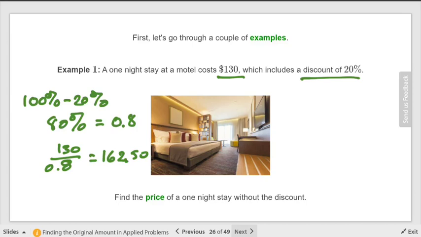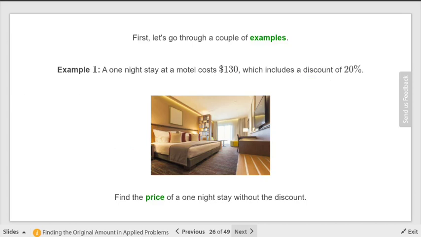Now let's think about the other one where things changed. The key here is right here. That means they've already given you the discount. This is the discounted amount, so we're looking for the original amount. With the other one that we did last time, we were finding the new amount.